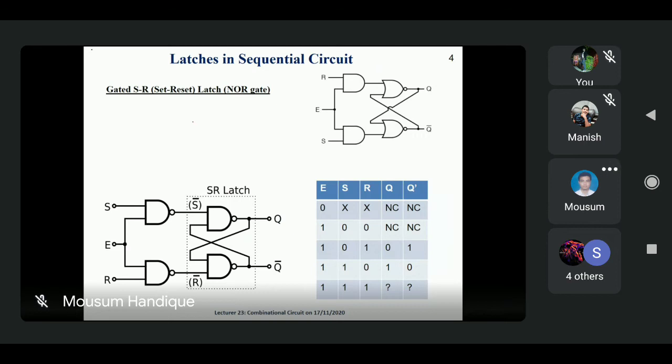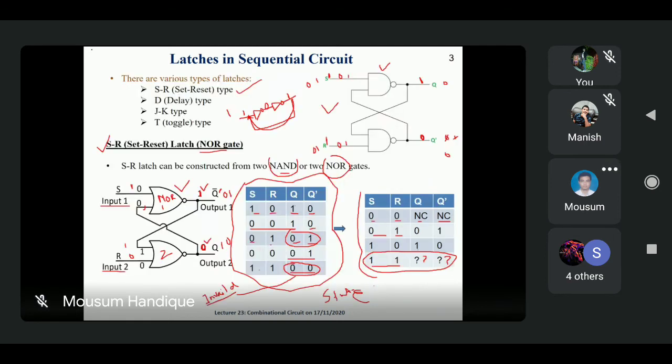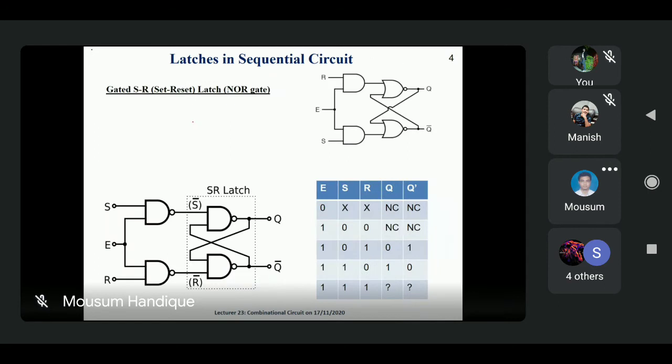See here, this one is the simple latch. Another representation is called a gated SR latch. This one we can build with the NOR gate, and this one is the NAND gate. This particular circuit is the NAND gate, and this one is the NOR gate.